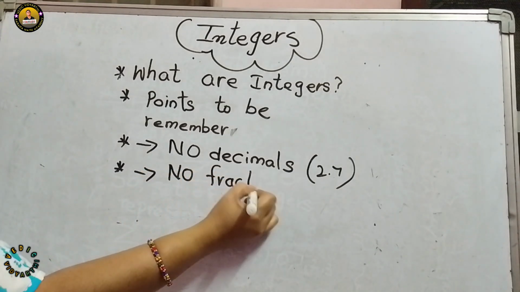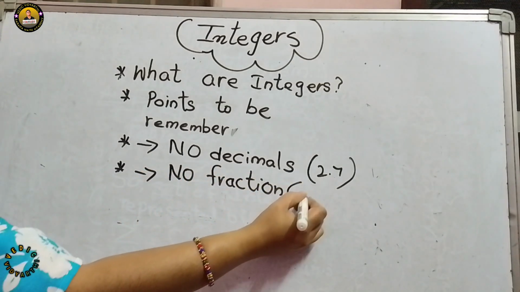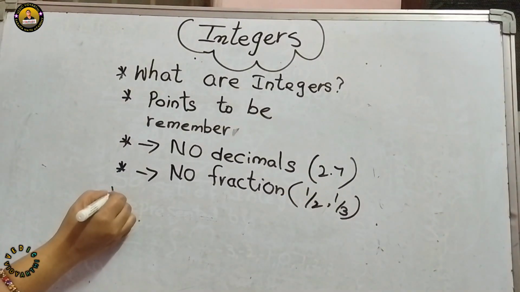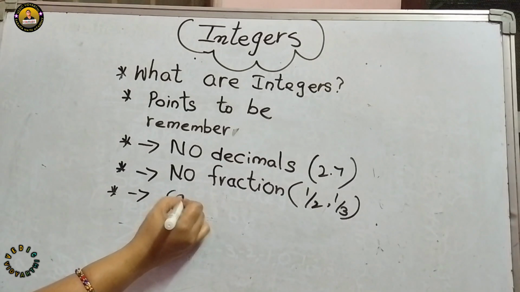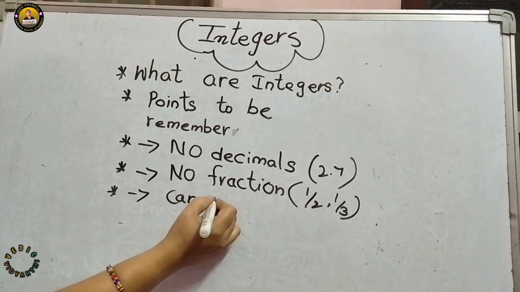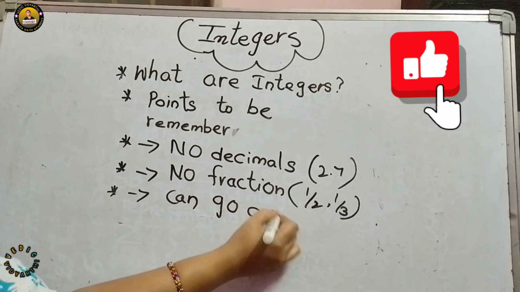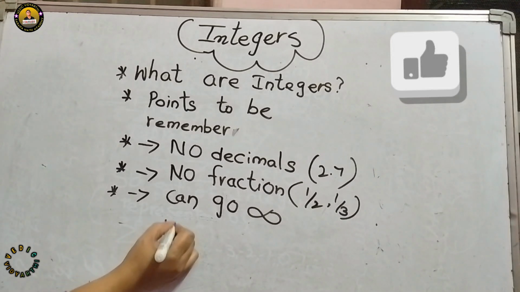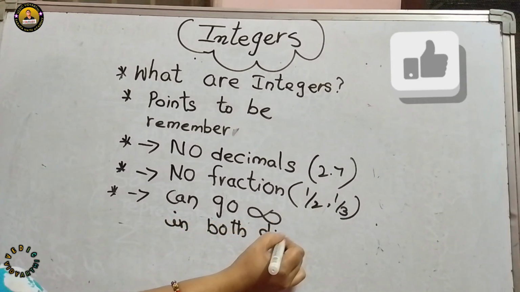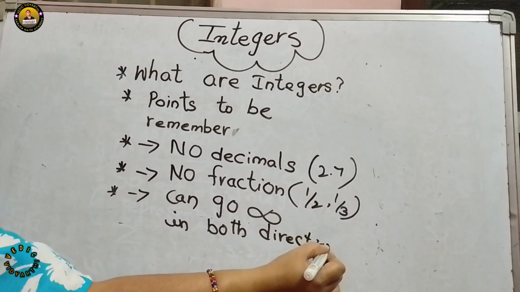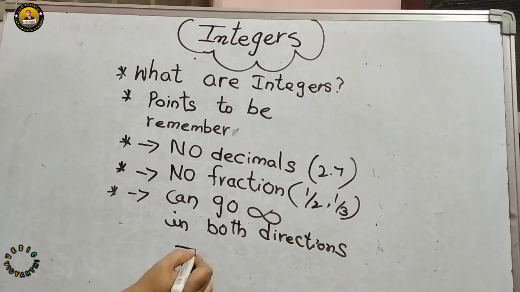So no fractions, for example. And the next point to remember, the integers can go infinitely in both directions, that can be positive or negative.